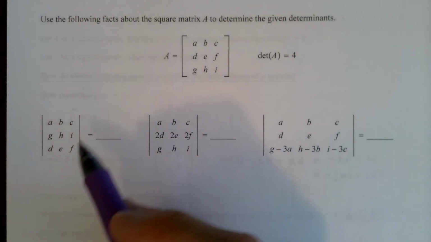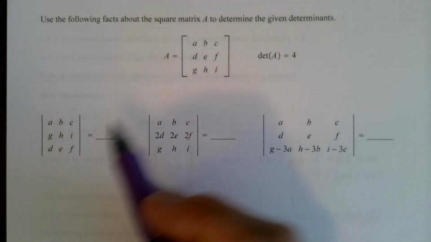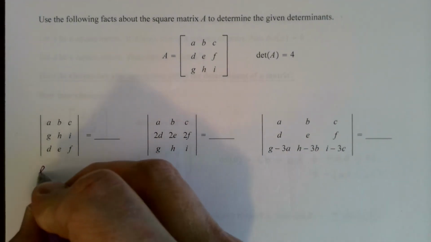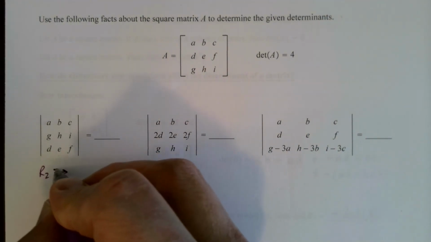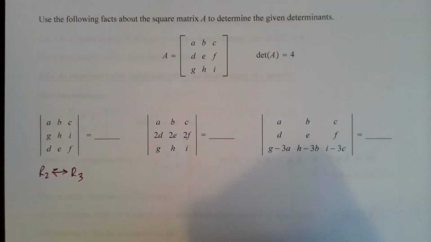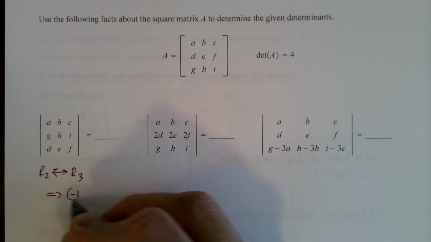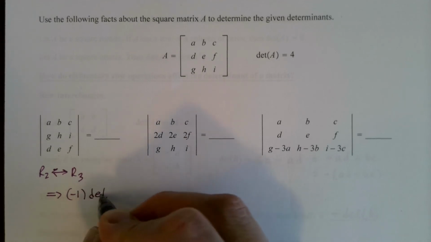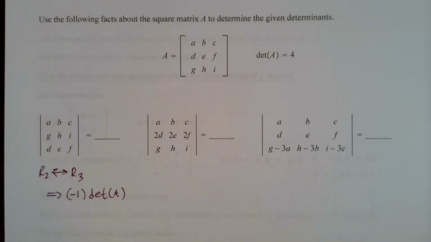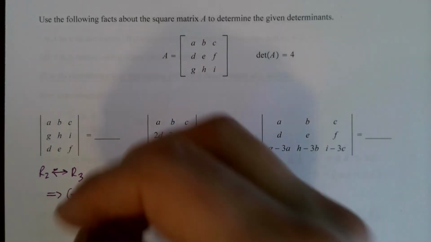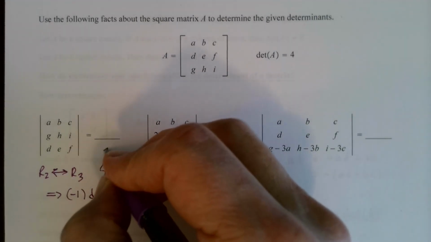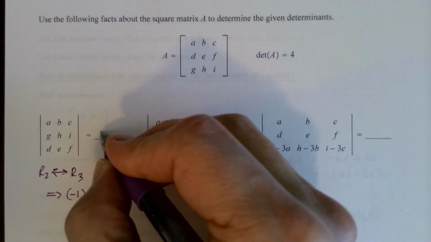Compare it to the matrix A. What's the relationship between this and matrix A? Clearly, rows 2 and 3 have been swapped. And so the determinant of this matrix is what? -1 times the determinant of matrix A. Remember, if we interchange 2 rows, then the new determinant is -1 times the determinant of the previous one. And so the determinant of A is 4, and so this is -4.